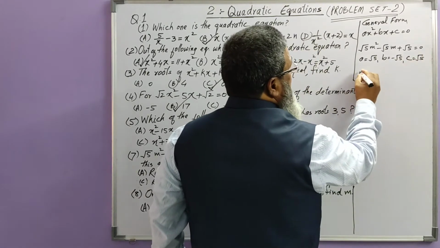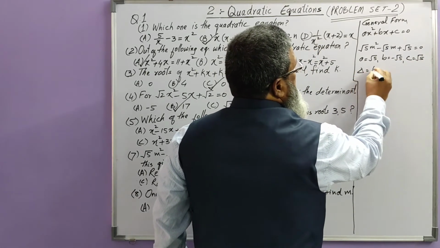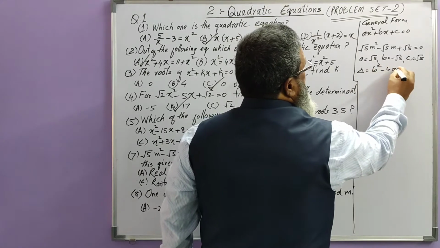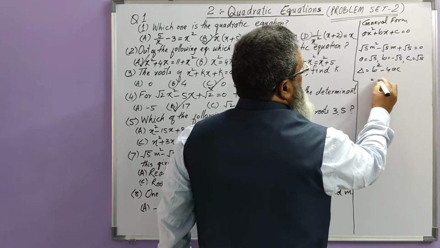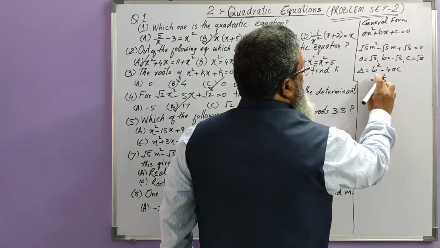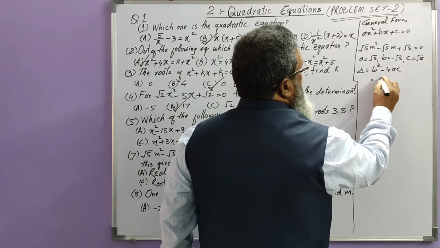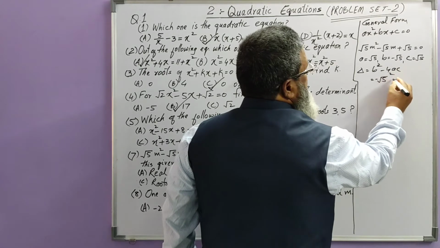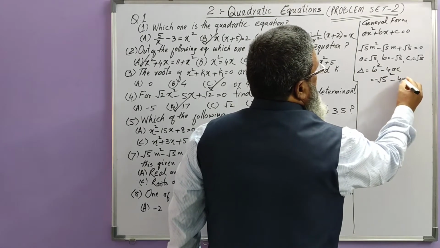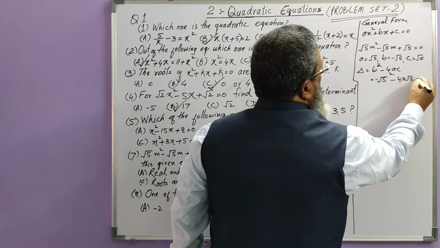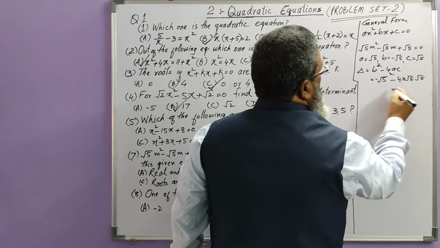Find the delta. Delta means b square minus 4ac. What is b square minus 4ac? B square means minus root 5 whole square, minus 4 into a is root 5 into c is root 5.